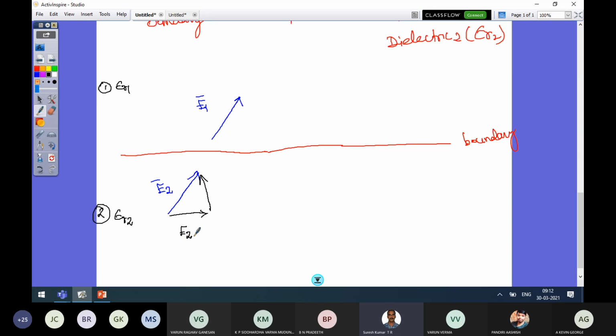You can write E2T, T for tangential to the boundary, and E2N, which means the electric field 2 that is normal, or perpendicular, to the boundary. Just as we decomposed this into orthogonal components, again decompose the other field into its orthogonal components, E1T and E1N.